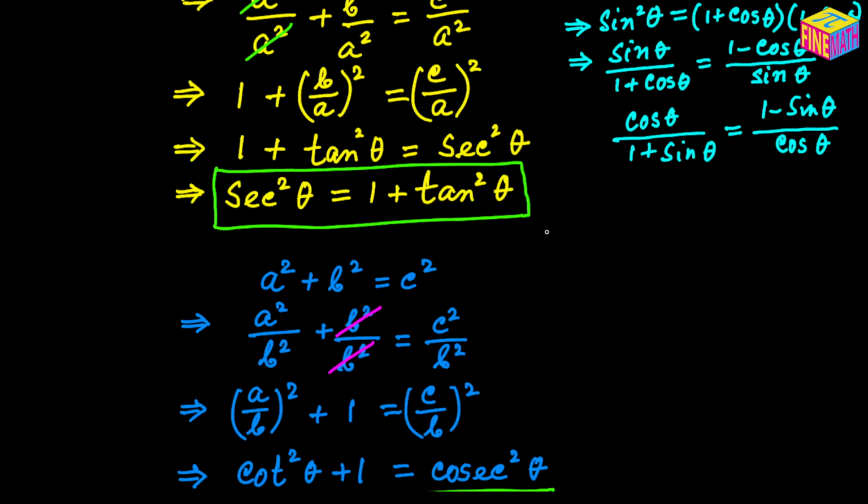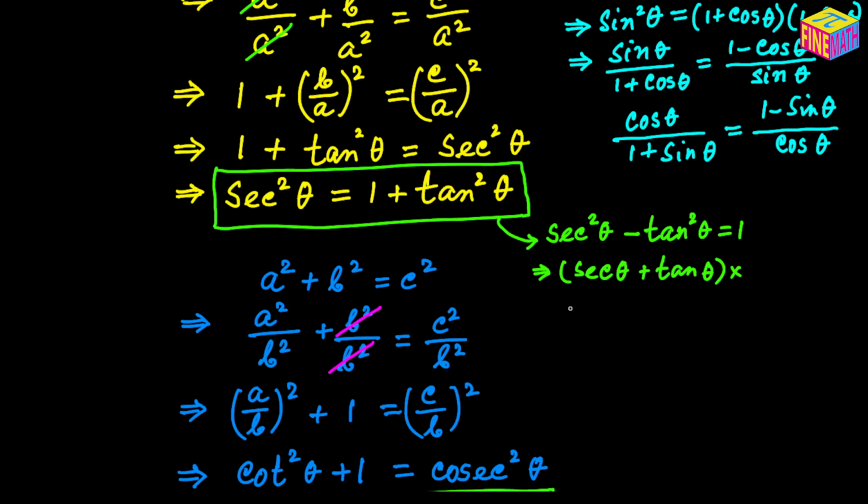We have secant square theta is equal to 1 plus tan square theta. Can we write it as secant square theta minus tan square theta is equal to 1? From here we can factorize it. This is a squared minus b squared form, so it would be a plus b times a minus b, which is sec theta plus tan theta times sec theta minus tan theta, equal to 1.